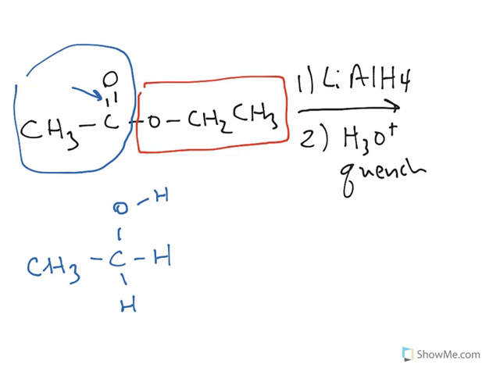Over here in the red, you've got the O, CH2, CH3, and it gets the other hydrogen from the acid. Now I'm going to put the green on and say that those hydrogens come from the reduction.